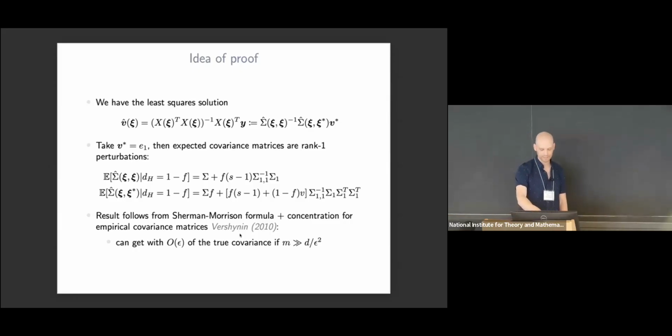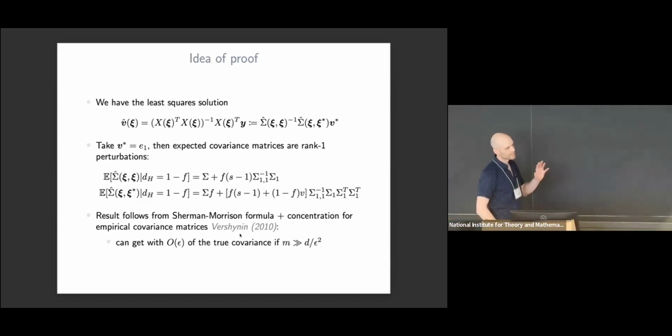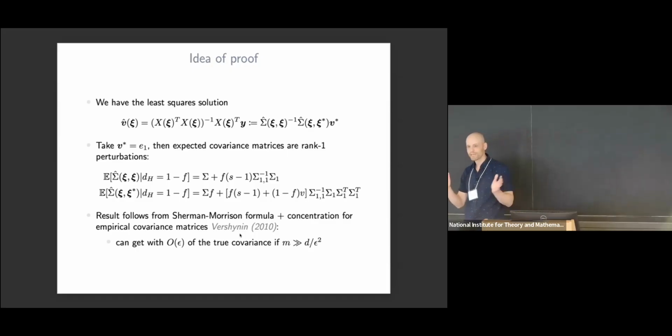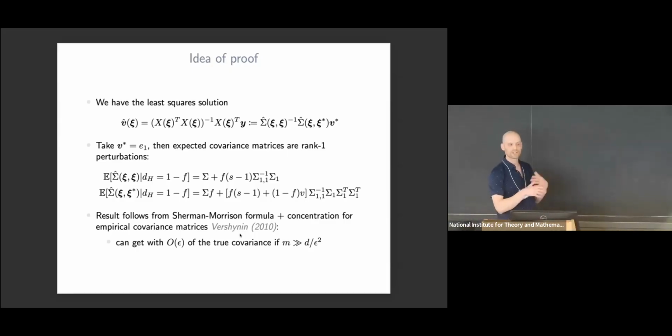And then the result basically follows from applying the Sherman-Morrison formula and then some concentration results for empirical covariance matrices, with the subtlety that once you've conditioned on 1 minus f, those results don't apply directly because the rows are not independent, but it's easy to deal with that. Okay, so that's the idea. I'm just trying to set up that in a simple case, we get questions about extremal statistics and estimating covariance matrices with extremal rows in them.